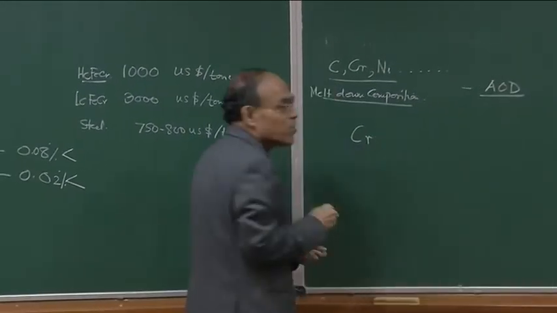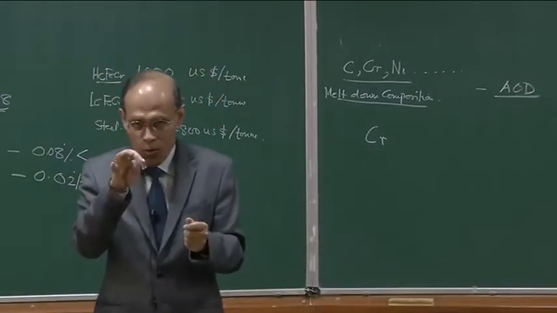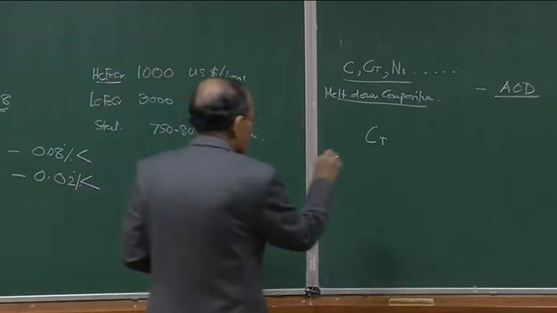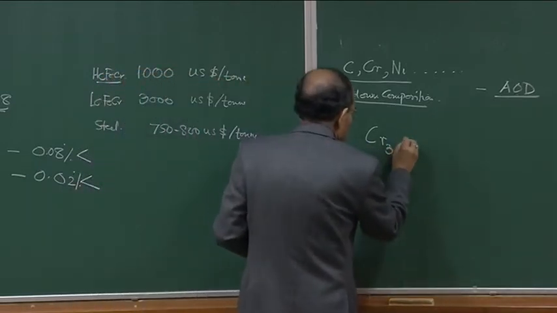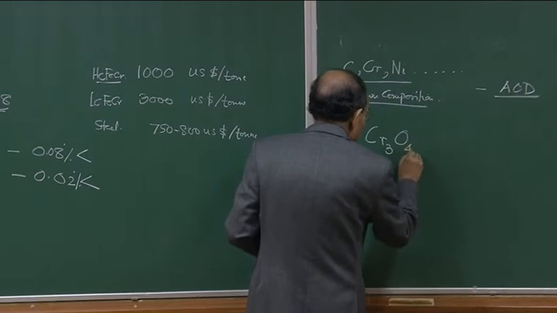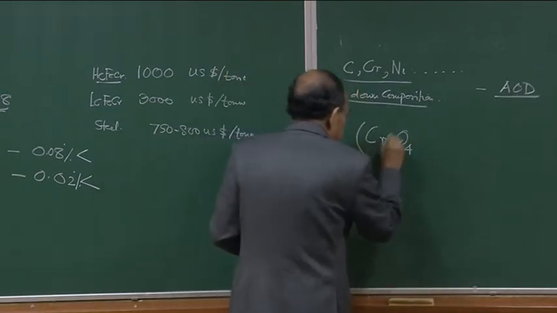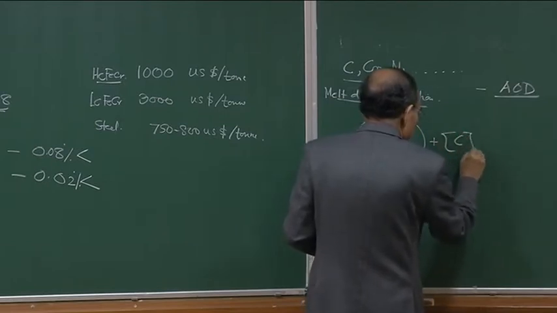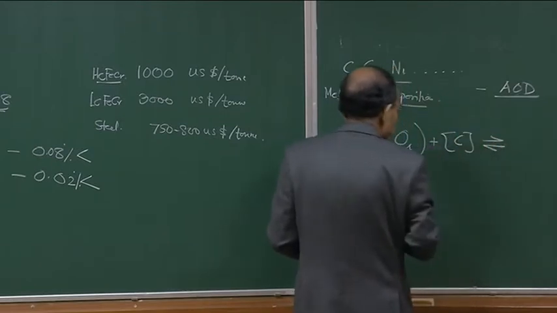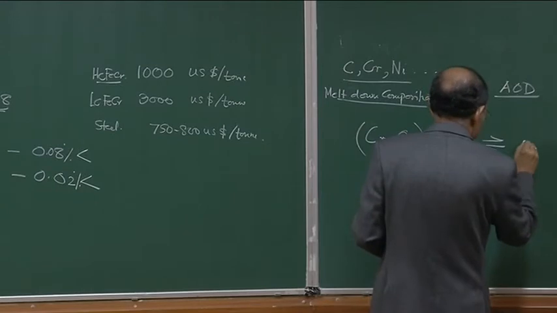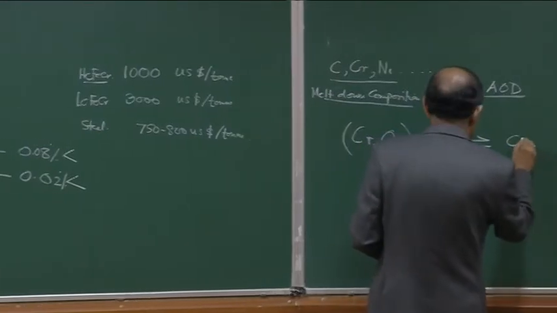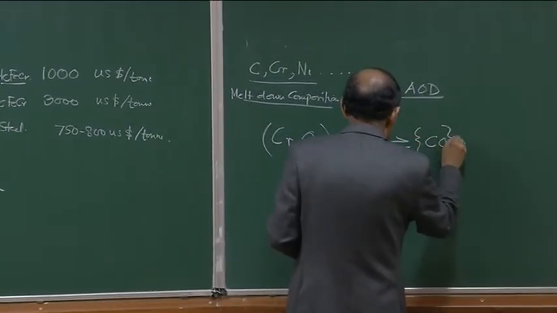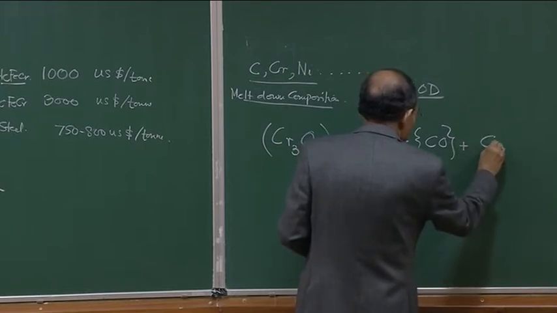Now the reaction. Chromium is a transition metal, so we can have chromium oxide, the lower oxides as well as upper oxides. So, we can write chromic oxide, just like ferric oxide, in the slag, plus carbon in the melt, giving carbon monoxide and chromium in the metal.